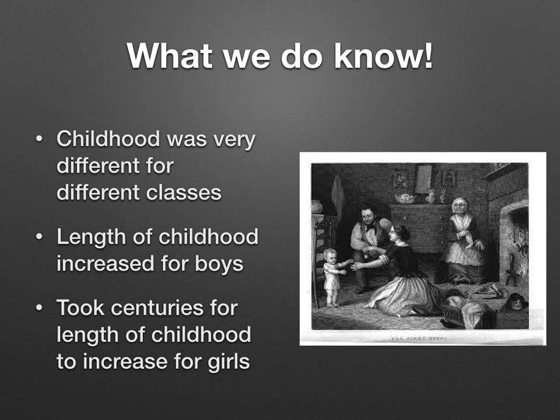So it might have been 12 years old, then 13 years old, and then 15, 16, 17 years old. So from the years 1200 to 1600, the length of childhood increased for boys, but it didn't change very much for girls at all. So, for a lot of that period of time, girls could be married and in charge of a household at 14 years of age. So it was quite different for boys and girls, quite different for whether you're wealthy or poor.